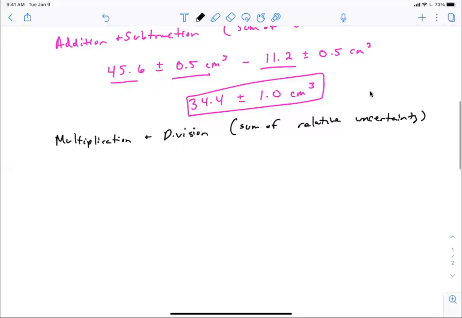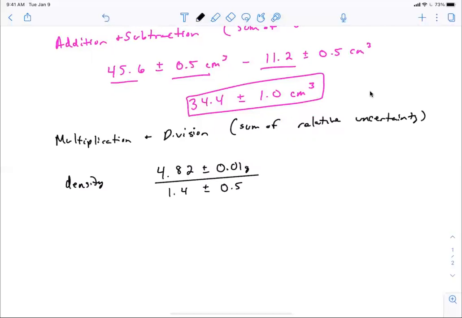So let's say you're trying to find density and you have 4.82 plus or minus 0.01 grams, and you have a volume of 1.4 plus or minus 0.5 centimeters cubed.